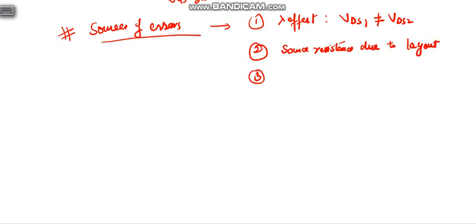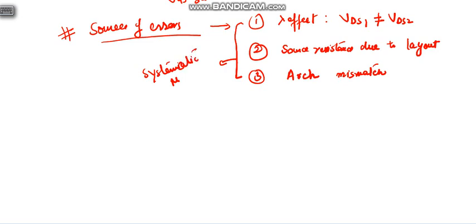Third, architectural mismatch. All these three kinds of mismatch you can consider as systematic mismatch.